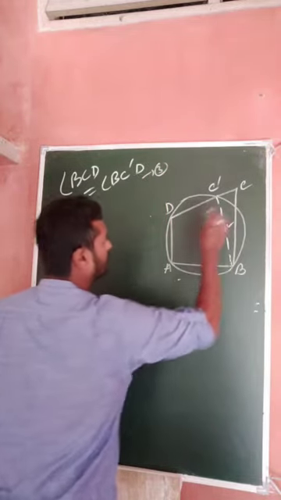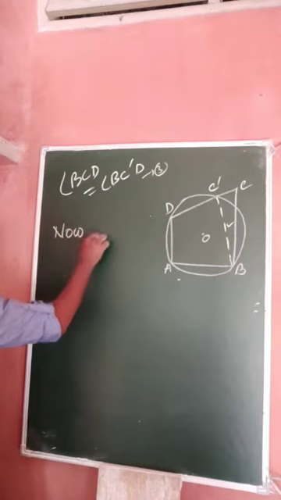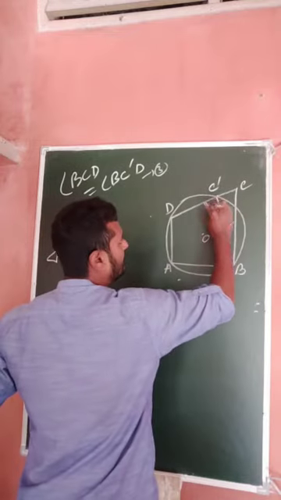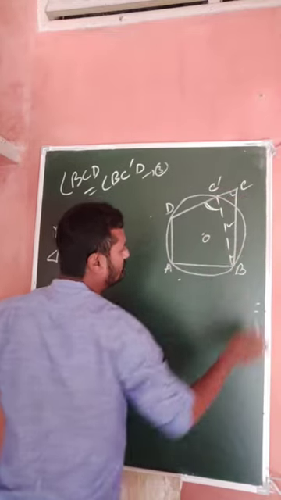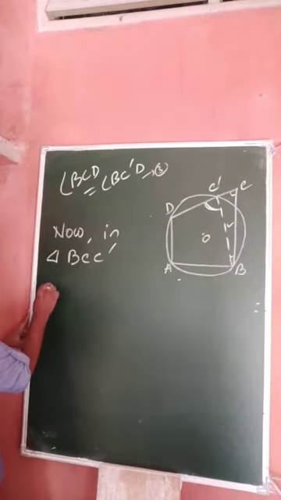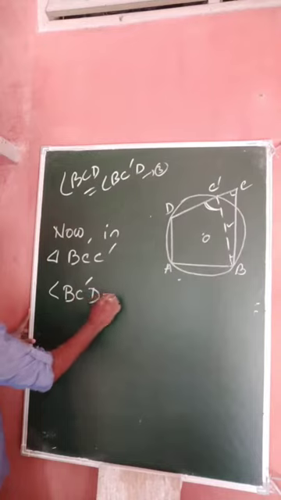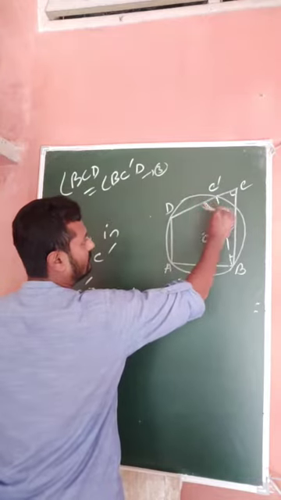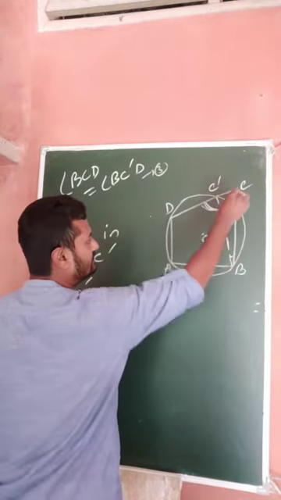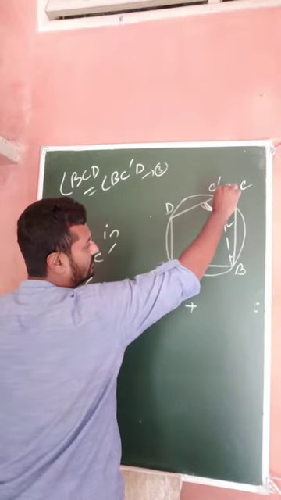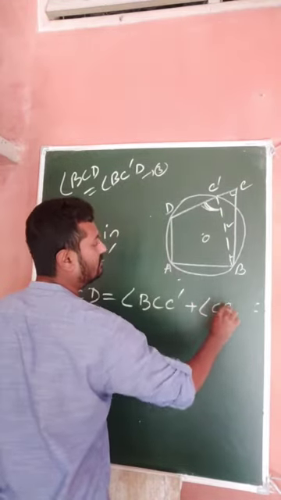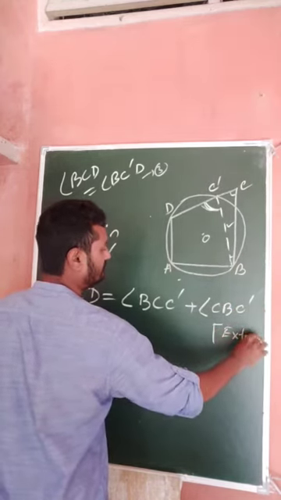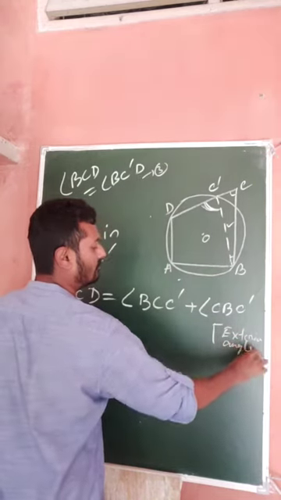Okay, now look at this triangle. In triangle BCC dash, this angle will be the exterior angle, so this angle will be the sum of the two opposite interior angles. So angle BC dash D is equal to angle BCC dash plus angle CBC dash, by the exterior angle property.